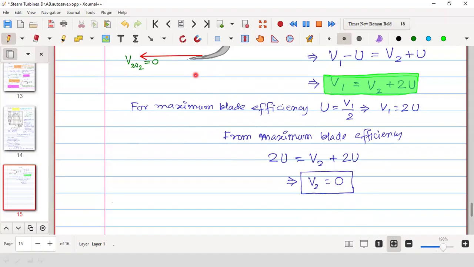So tangential blade velocity, tangential steam velocity or fluid velocity, steam velocity. Tangential means whirl velocity, tangential or whirl, tangential steam velocity at the exit, absolute, huh?